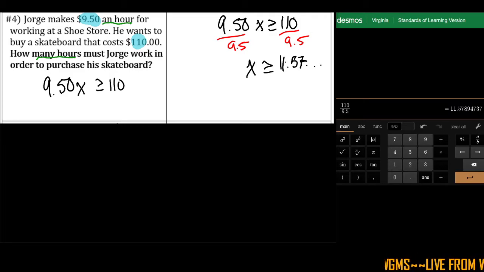So what would we have to do? Some people would want to say, well, it's just 11 hours. And that's not the case because I still have that extra amount.